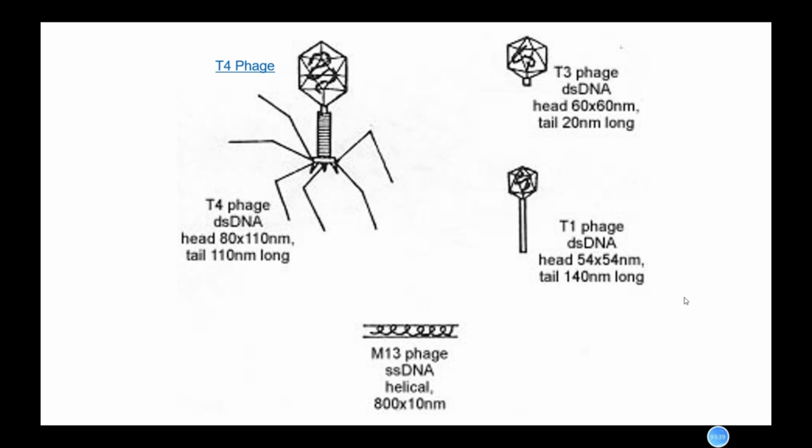While this phage is M13 phage, but it's just a helical structure. See here, it's a helical structure. So you should have the idea that bacteriophages might look different. And the one we are familiar with is only because it's useful and also interesting.